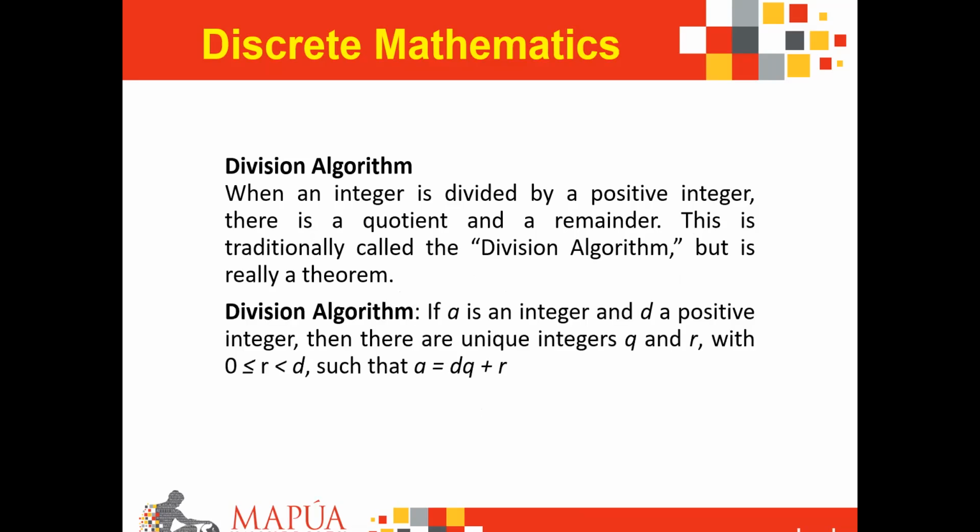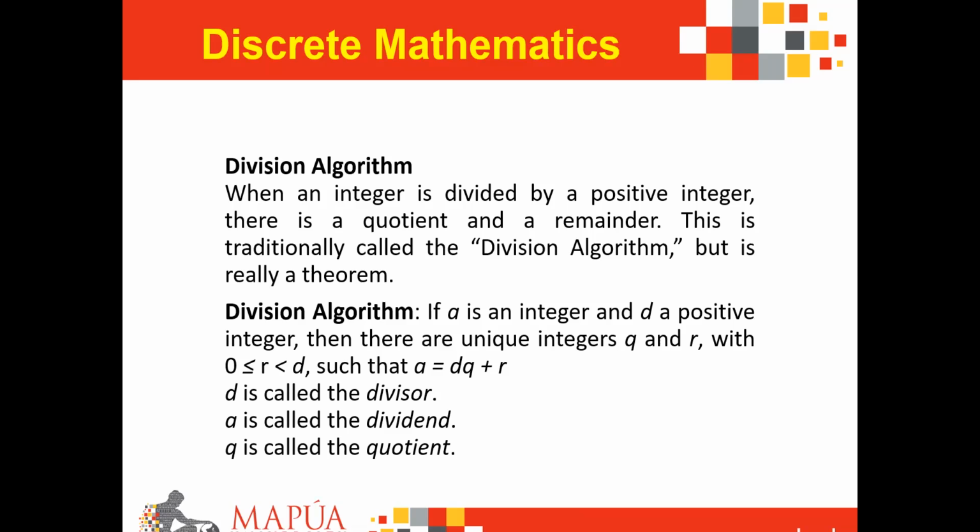According to the division algorithm, if a is an integer and d a positive integer, then there are unique integers q and r, with r between 0 and d, such that a is equal to d times q plus r, wherein d is your divisor, a is your dividend, q is your quotient, and r is your remainder.